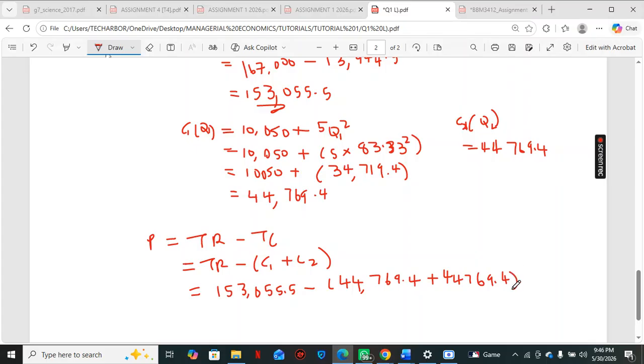So 44,769.4 plus itself, you get 89,538.8.